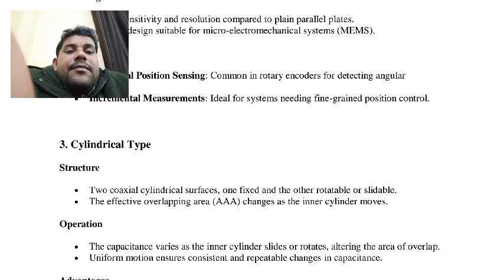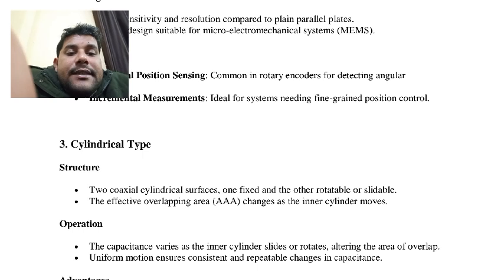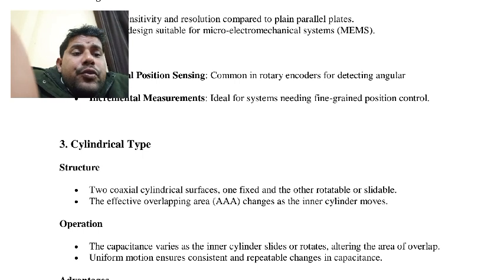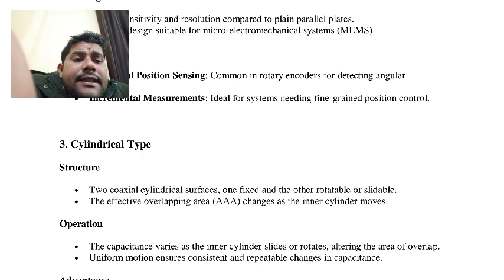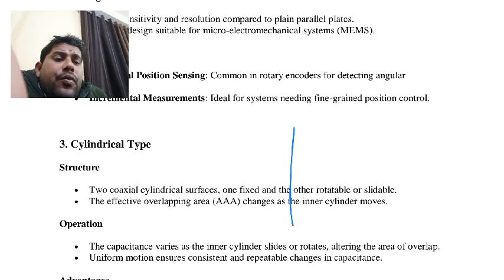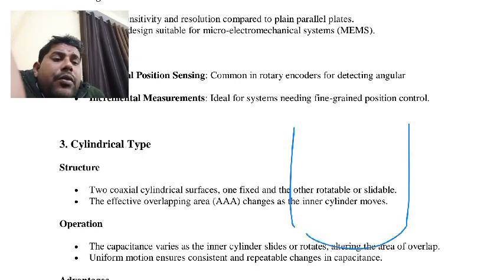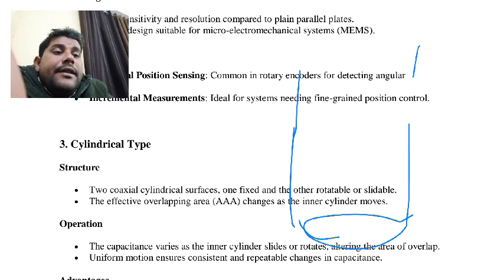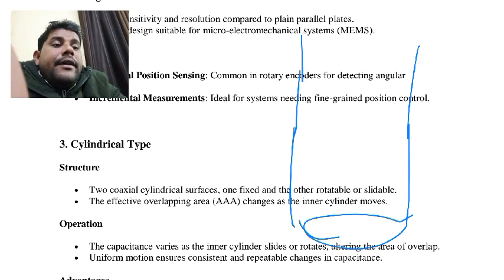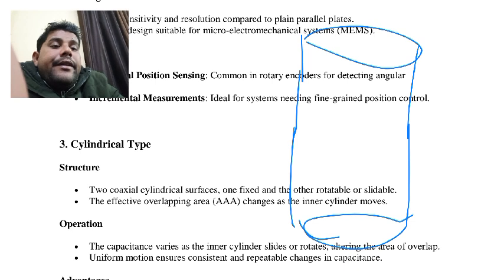Third, the cylindrical type. That's the cylindrical type structure. Two axial cylinder surfaces. One is fixed, and another is movable or slidable. The effective overlapping area A changes as the inner one moves. Suppose this is the outer cylinder. Within this cylinder, this is the inner cylinder.